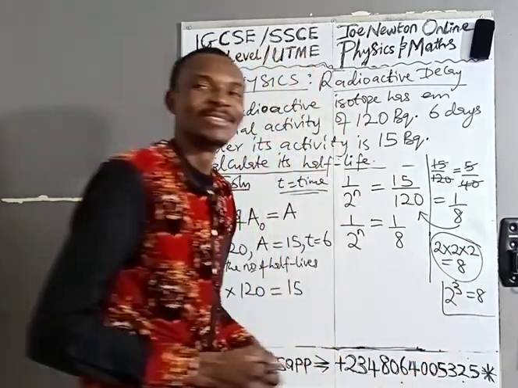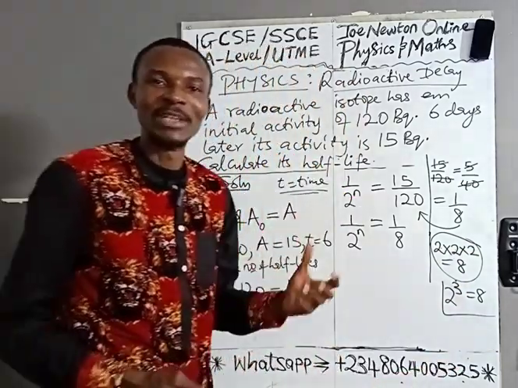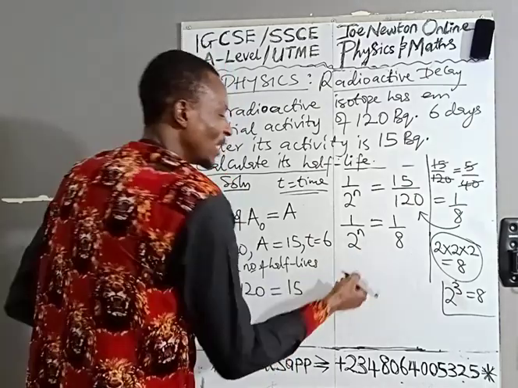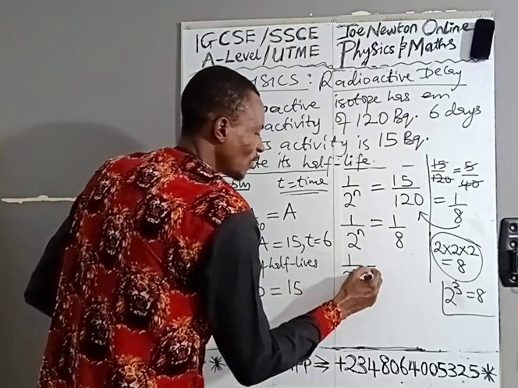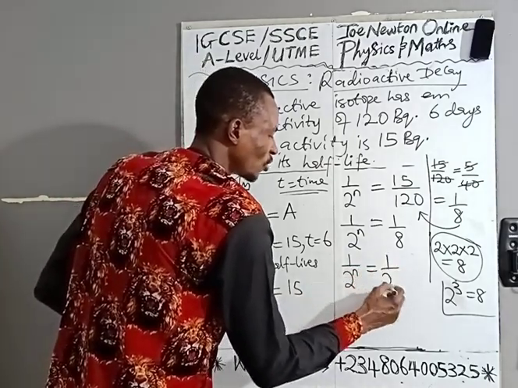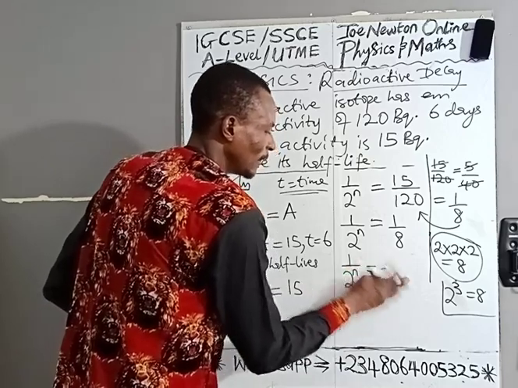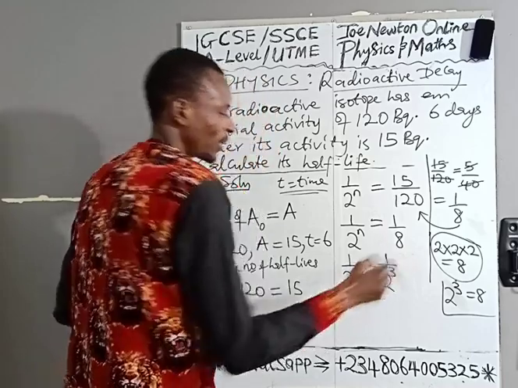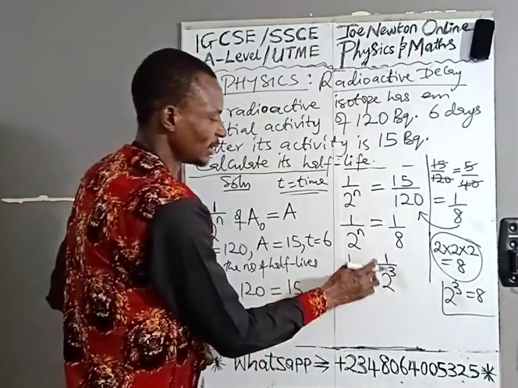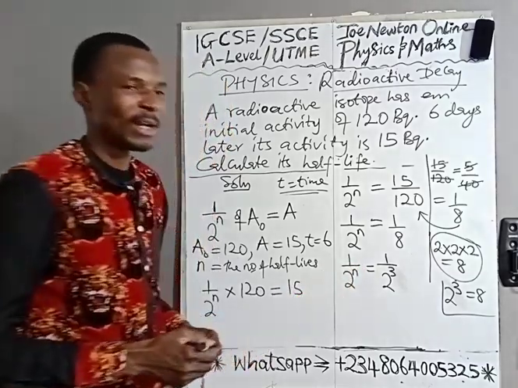Good. This is how to evaluate it. Therefore, by equivalence, we have that 1 over 2 raised to the power of n is equal to 1 over 2 raised to the power of 3. Let me write it clearly. 1 over 2 raised to the power of 3.